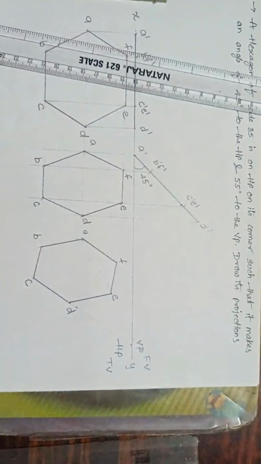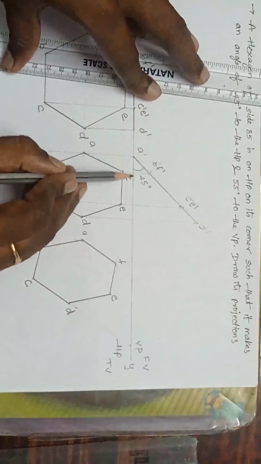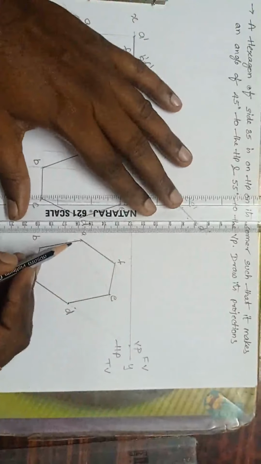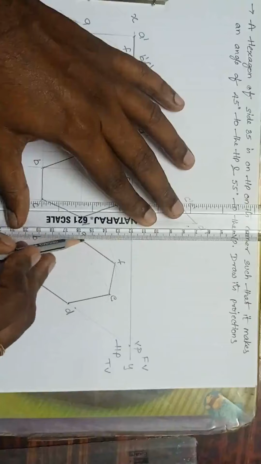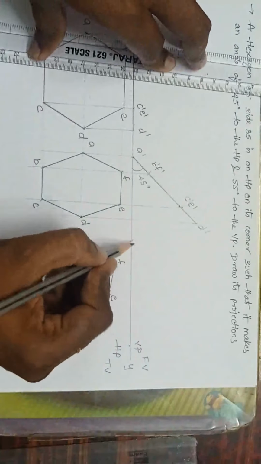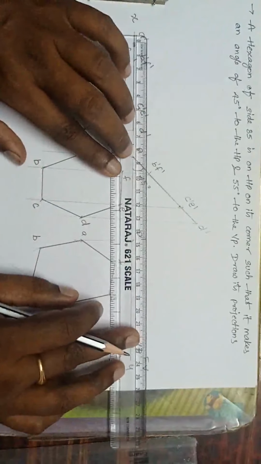Done. Next, what to do? Drop the lines. See here, from A dash it is a horizontal line, from A it is a perpendicular line. Okay, what is this point? This is A dash. Next, from B, horizontal line.